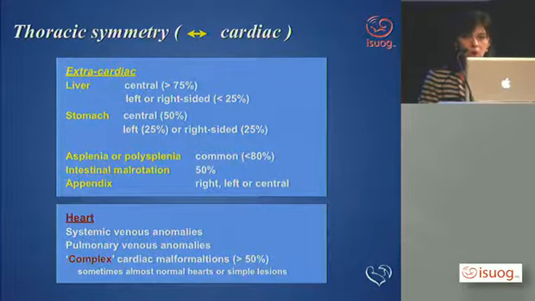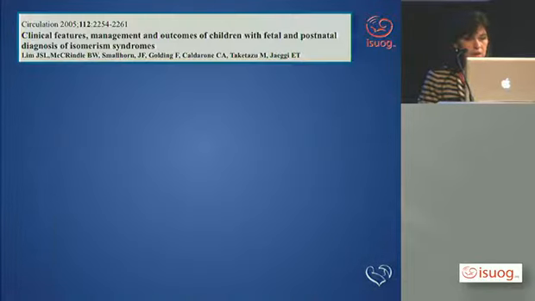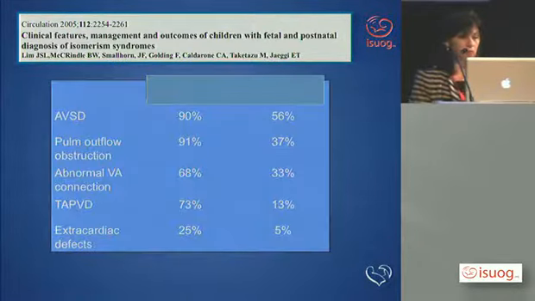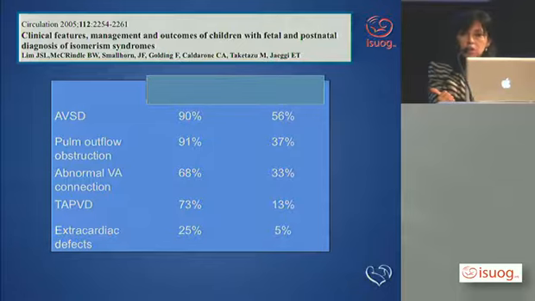Now, when we think about the complex abnormalities, there's a very nice paper from Toronto which gives an outcome and spectrum of abnormalities in both right and left isomers, and I try to summarize some of the features here. So common lesions that can be seen in isomerism: atrioventricular septal defect, pulmonary outflow tract obstruction, abnormal ventricular arterial connection, total anomalous pulmonary venous drainage, extracardiac defects.